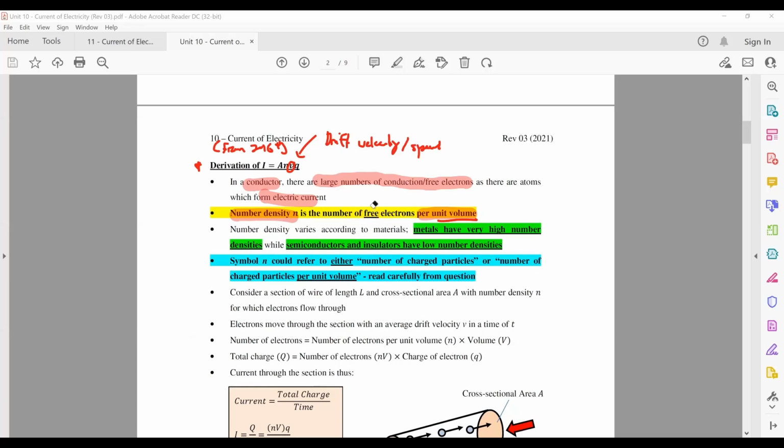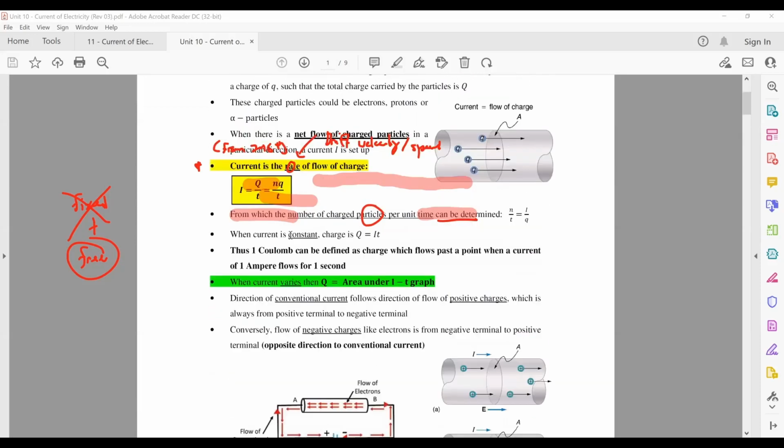All right, always remember to add the term free electrons. If you say number of electrons per unit volume, you're referring to both fixed and free electrons. Okay, so you want to single out only the free, you just write the term free electrons. Okay, now this small n that you see here looks like the small n that you saw in the previous page.